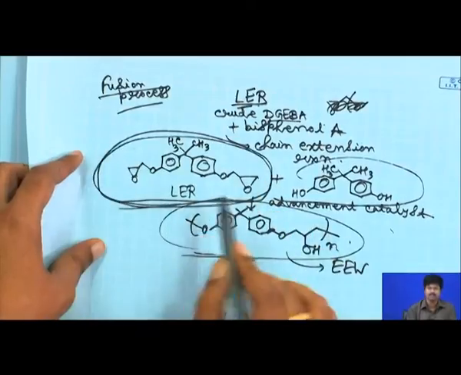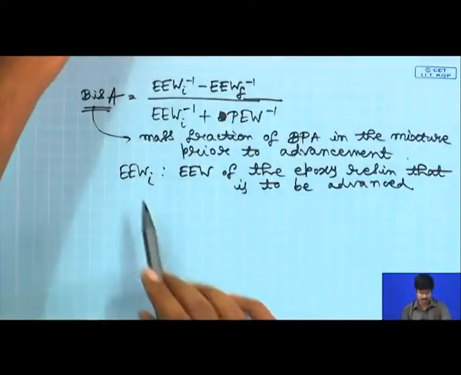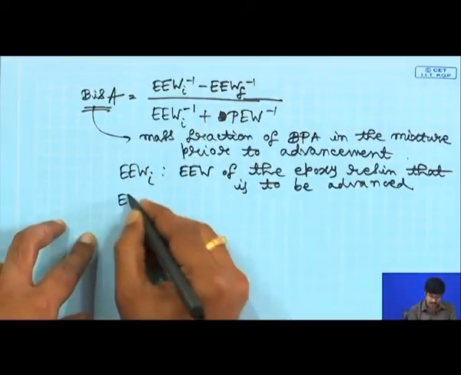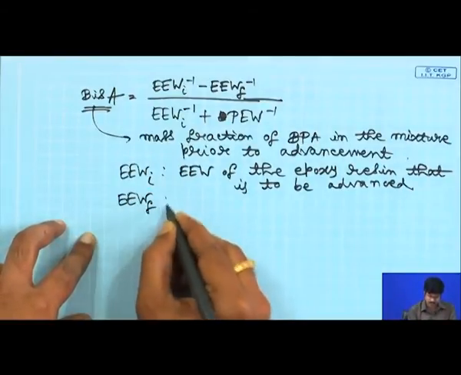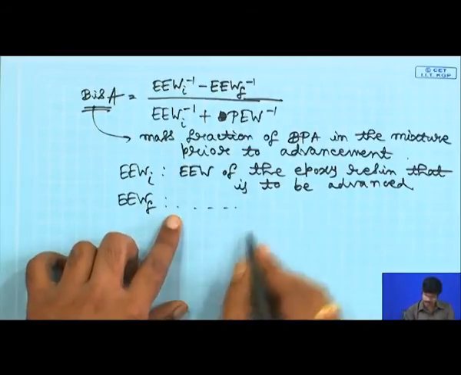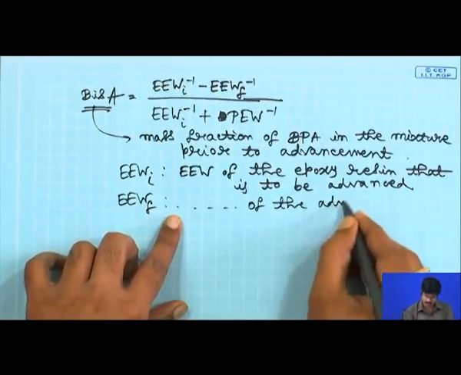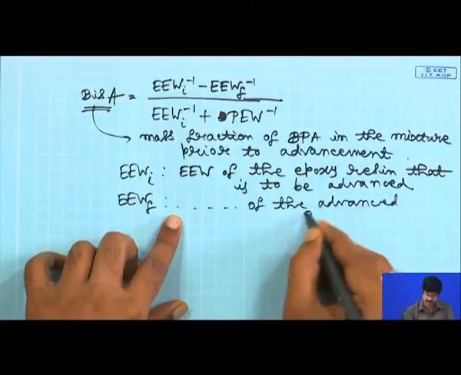That is the epoxy equivalent weight of your starting liquid epoxy resin, that is EEWI. I means the initial, and EEWF is the epoxy equivalent weight of the final or the product or the advanced epoxy resin.